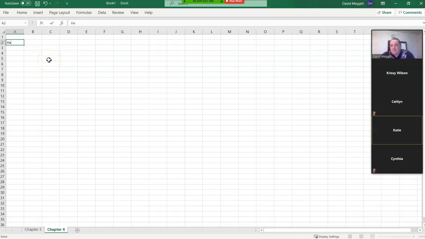So we have H0. This is our null hypothesis. And what we're saying is that the sample is equal to or less than the general population.